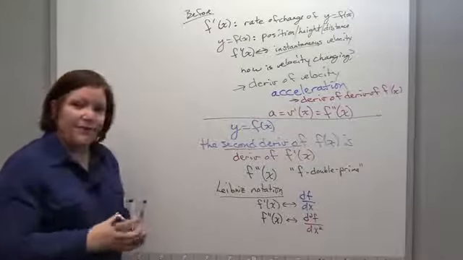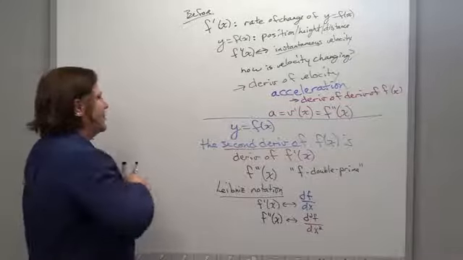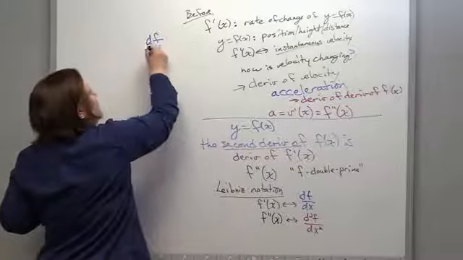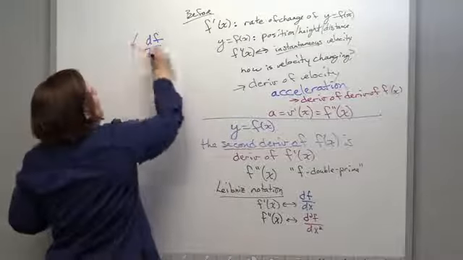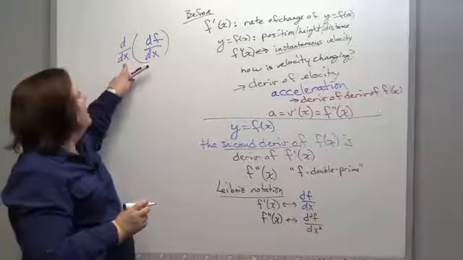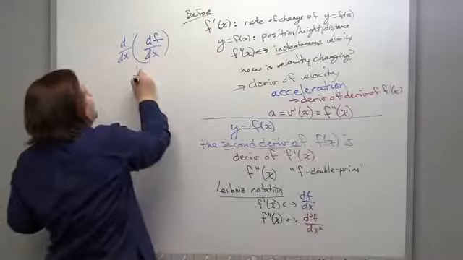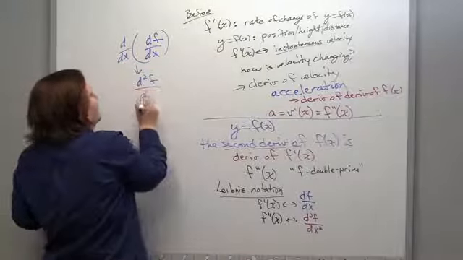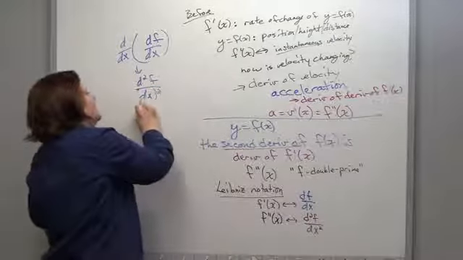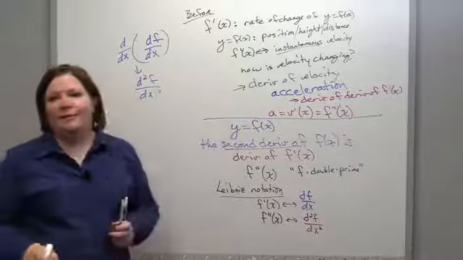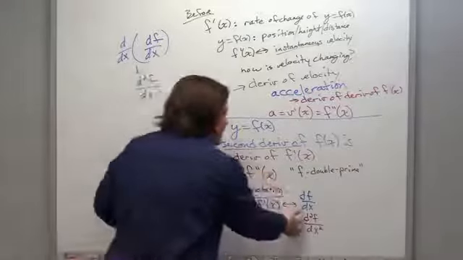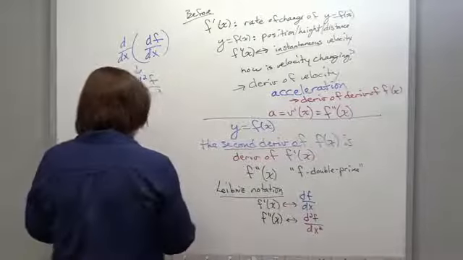But if you were forced to write it in Leibniz notation, one way to remember is you're starting with df dx, and then you're taking the derivative again with respect to x. Because of that, this becomes d squared f, and technically you might think of it as dx squared, but that looks crazy. So they make it a little better by not having the parentheses. So that is one way to remember Leibniz notation for the second derivative.